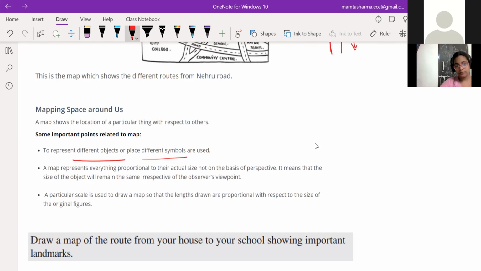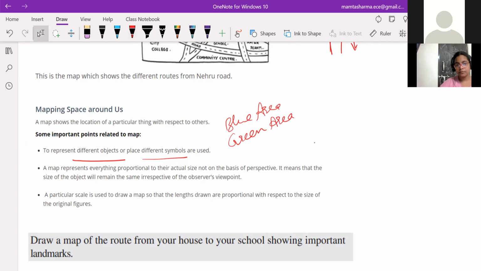If there is a river or water, it will be shown by a blue area. If there is greenery or a park, it will be shown by a green area. So for different objects, different symbols are used for mapping.